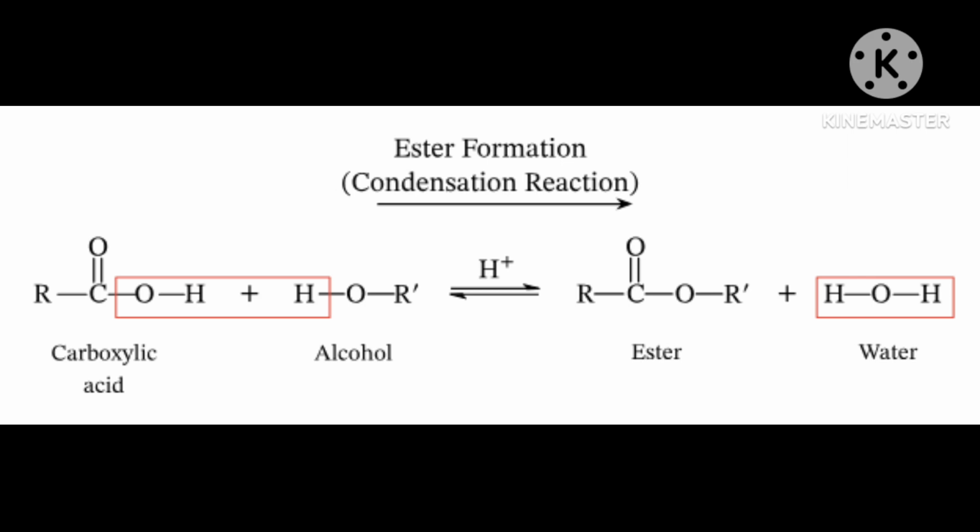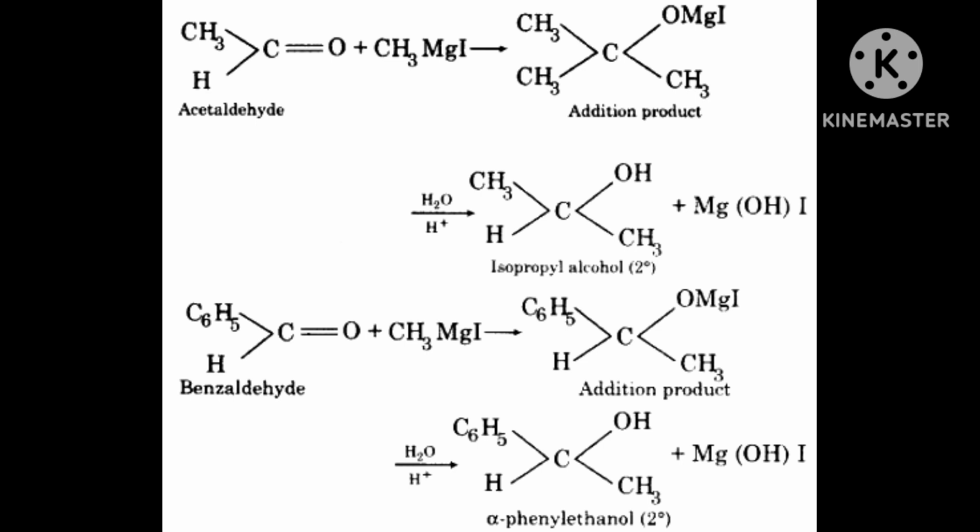Then what will happen? This O and Mg bond is a very unstable bond. This bond will break. O will get negative and Mg will be positive. Then of H plus and OH minus, H will go to the oxygen.